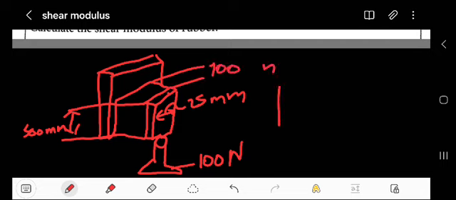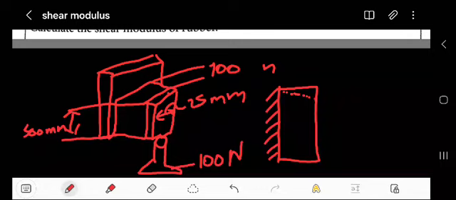Then we are given something like this of this nature. When we apply that, we'll have this thing of this nature. So here we'll have the hidden detail, as you can see. So this distance here within the hidden detail will be 1.2 millimeter.